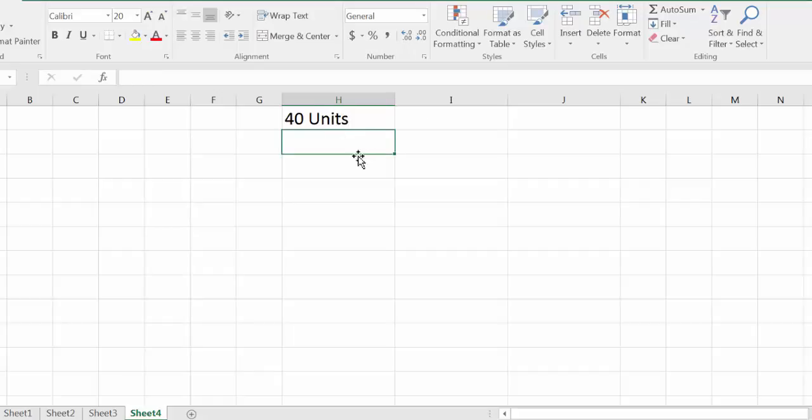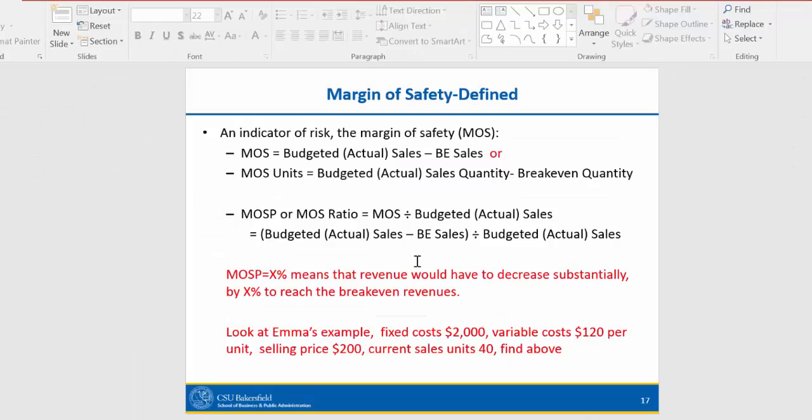First I'm going to find the margin of safety, using the conclusion from the previous slides. We know that the break-even units is 25, so Emma has to sell 25 units to break even.